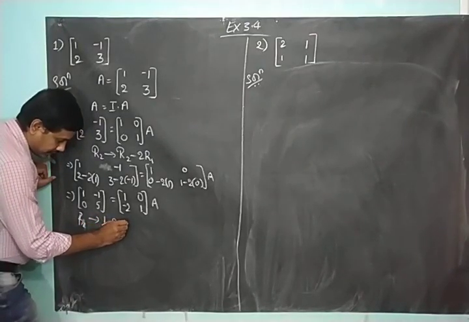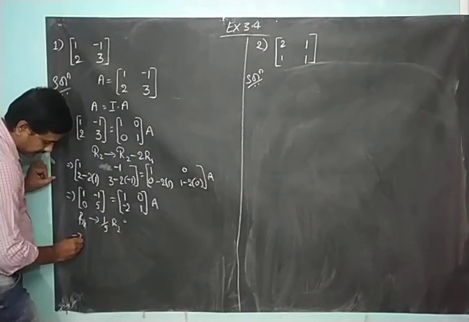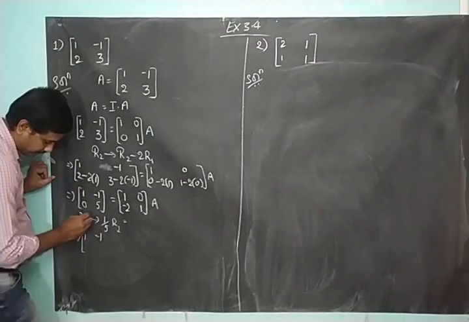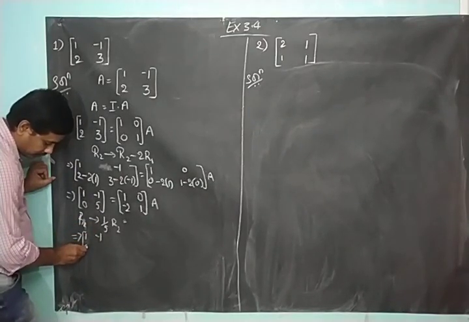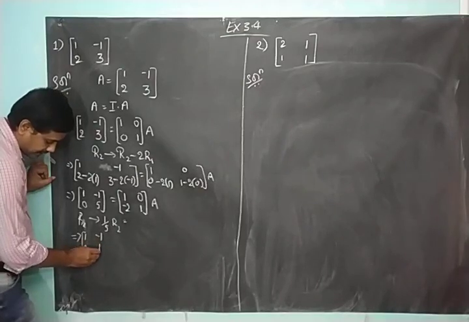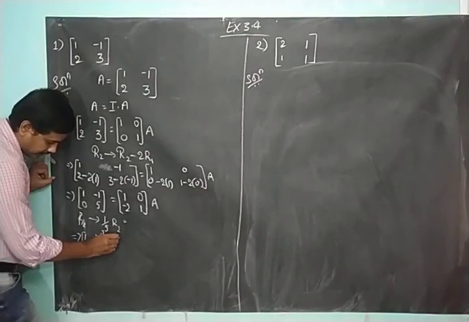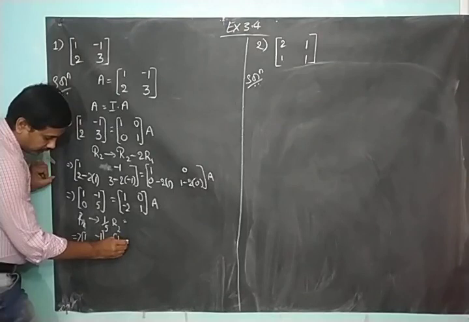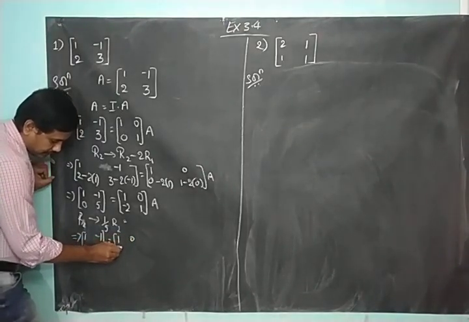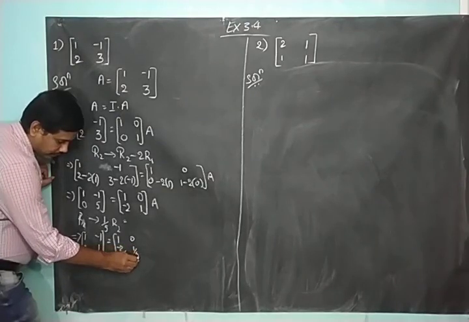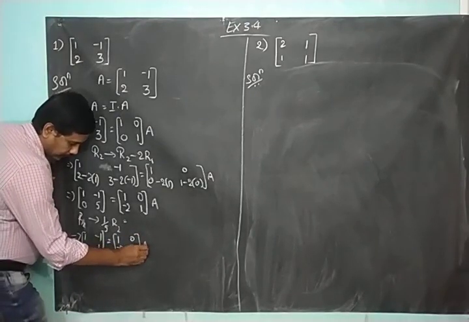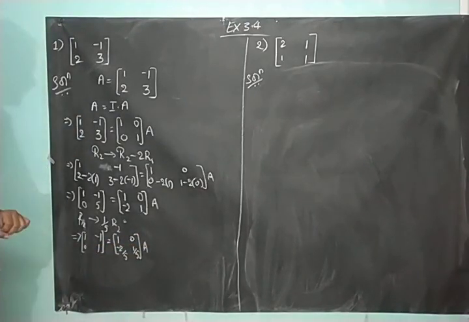If I apply this, 1, minus 1 as it is, then 0 by 5 is 0, 5 by 5 is 1. On the right side, 1, 0 as it is, this will become minus 2 by 5, and this will become 1 by 5, into A.